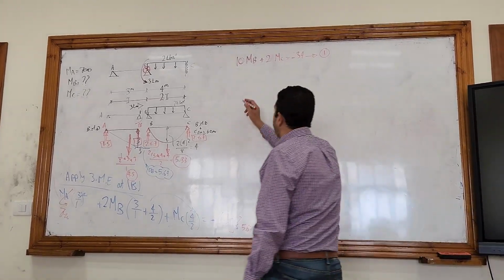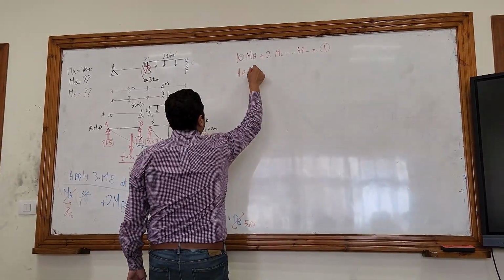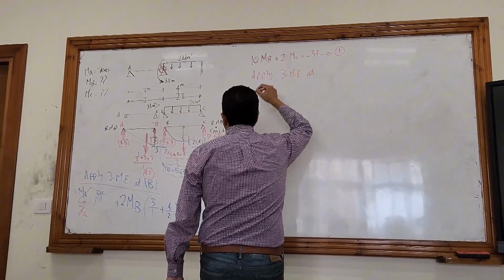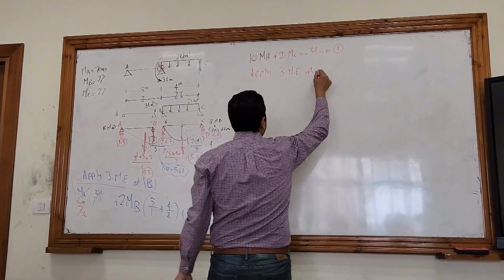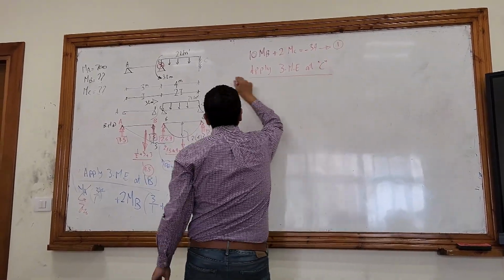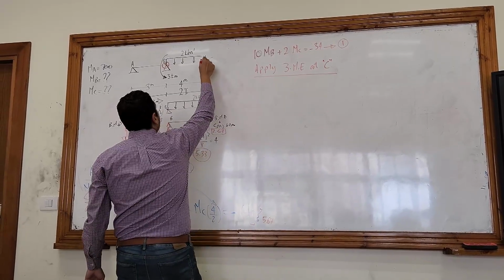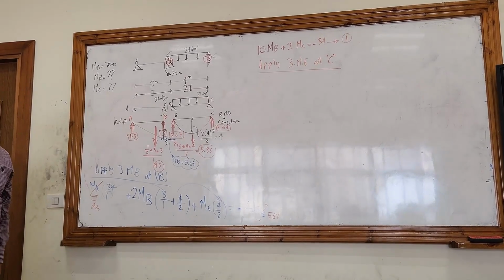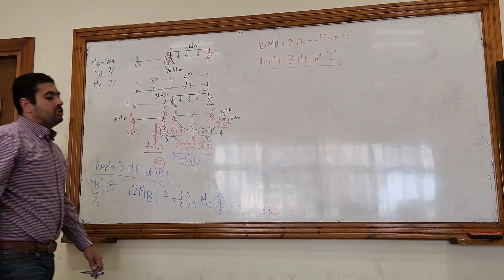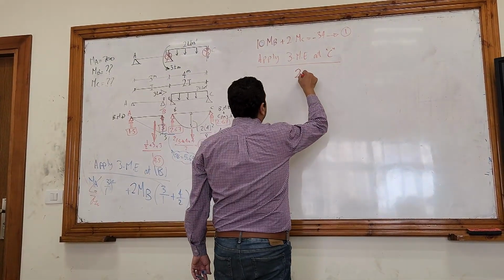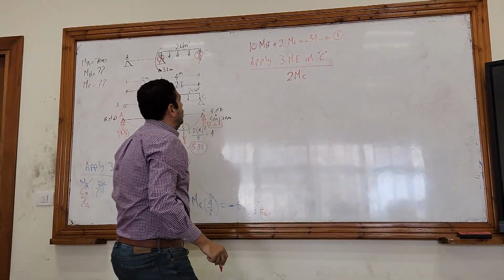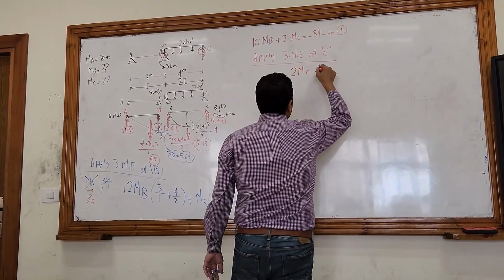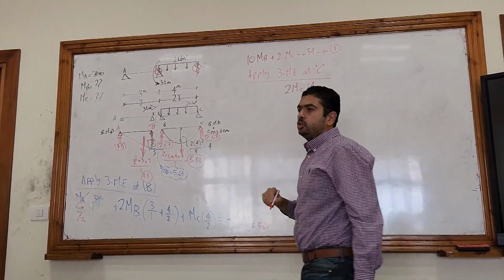So now I have to apply three-moment equation one more time at the support C. So where am I now? I am here. Take care. We are applying here at C. So the equation will be 2MC. The span before it is 4 divided by inertia factor 2.